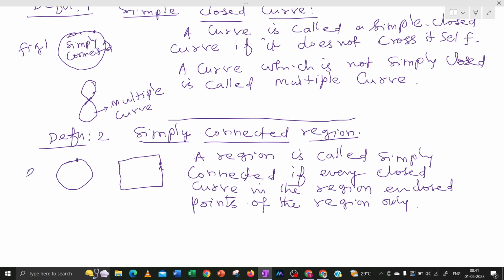See, for example, the circle and the square are simply connected regions.